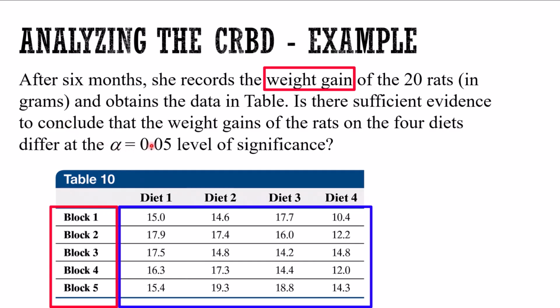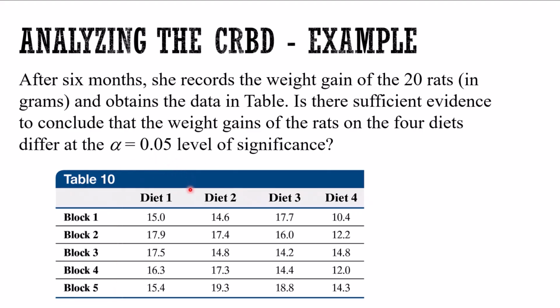And we are supposed to perform a hypothesis test to see if there is sufficient evidence to conclude that the weight gains of the rats on the 4 diets differ at the 5% significance level, or alpha equals 0.05, right? So we are testing if the different diets vary in their weight gains on the rats.